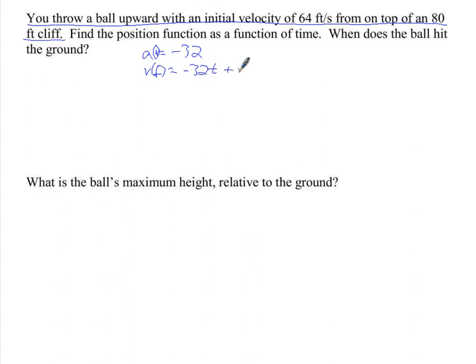Why 64? But why not negative 64? We'll go through it upward. So here's our coordinate system. We threw that thing up, which means it has an initial velocity that's positive. So I'm going to write plus 64.